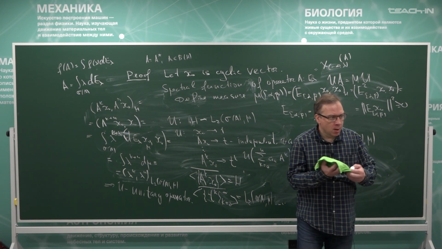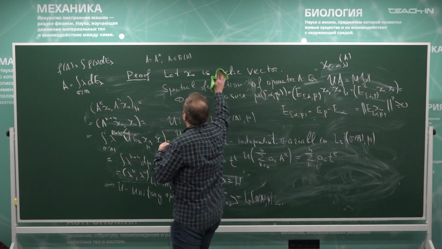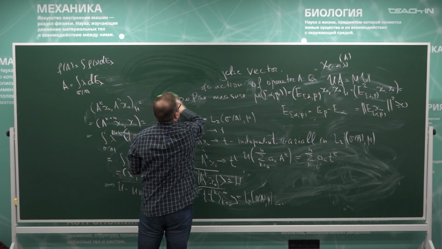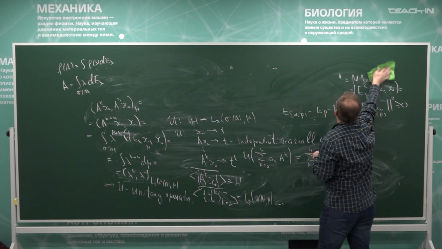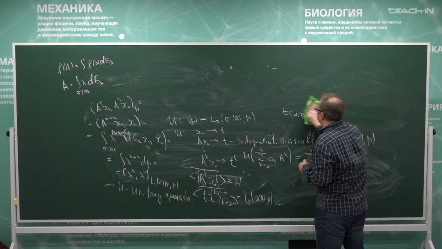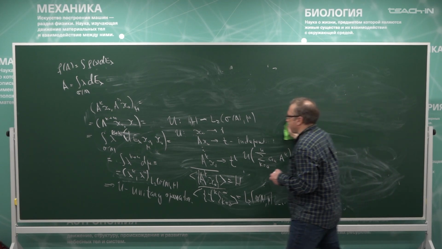Okay? But one example again. And then I will explain what happens if the operator has no cyclic vector.